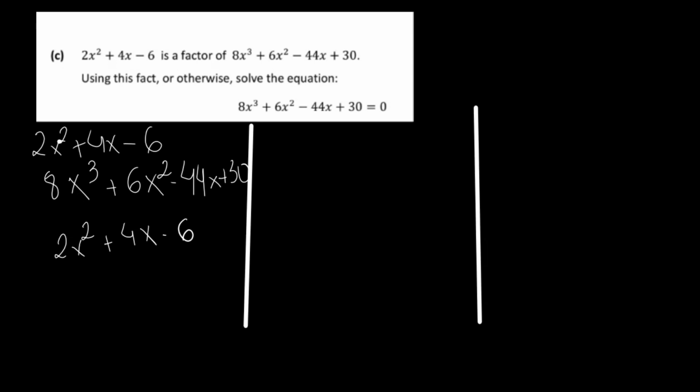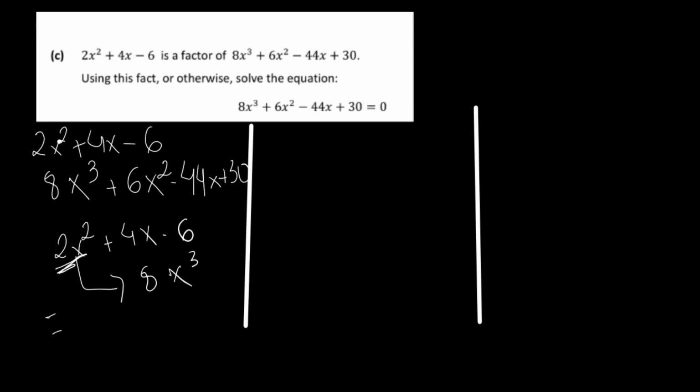We have to think about which term we multiply to find 8x cubed. If we multiply 2 by 4, we get 8.